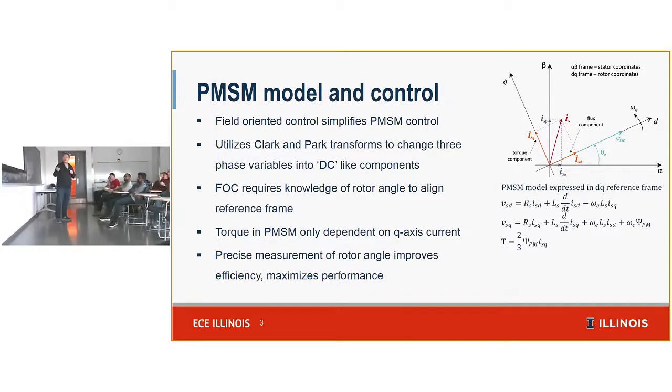When there is an error in this measurement of the angle, what you get is that your reference frame is not perfectly aligned to the actual reference frame in the machine, and so some of your currents will go to the D-axis, which is wasted in the case of a permanent magnet machine.